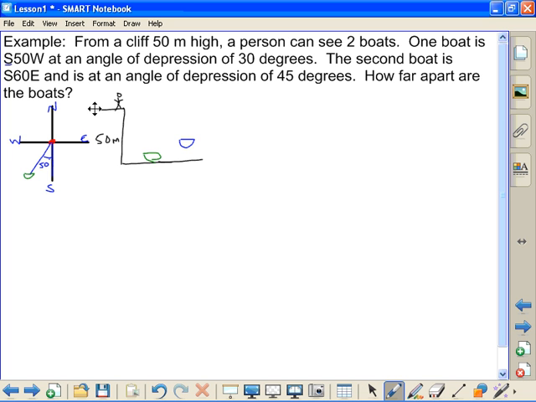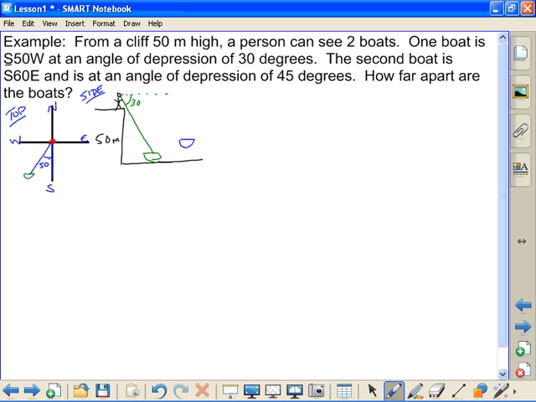And the angle of depression is 30 degrees. So I'm working with two views here. I have a top view and I have a side view. So south 50 degrees west, that's looking at the top where the boat's located. Depression of 30 degrees means that depression is when you are looking down.